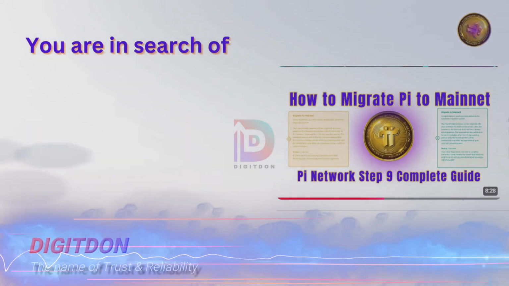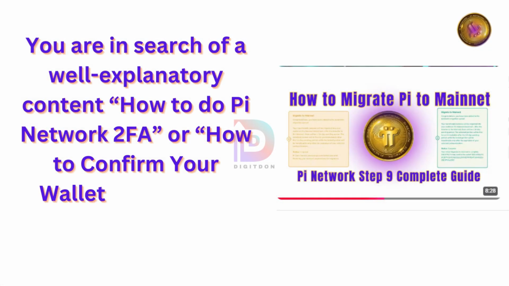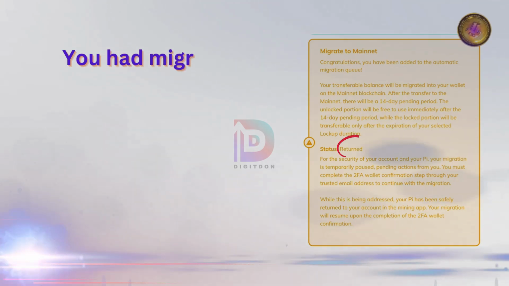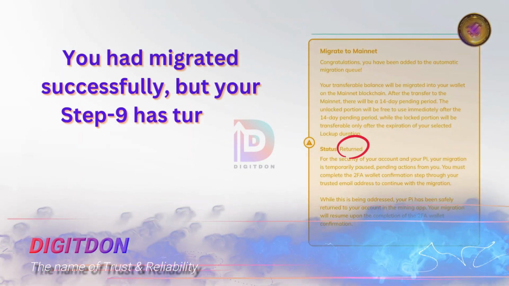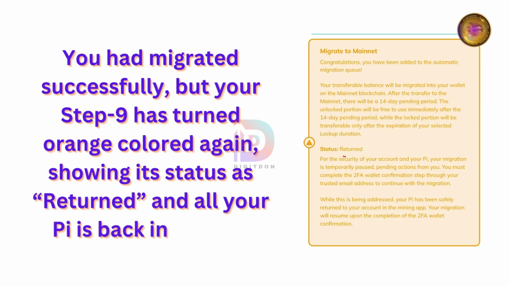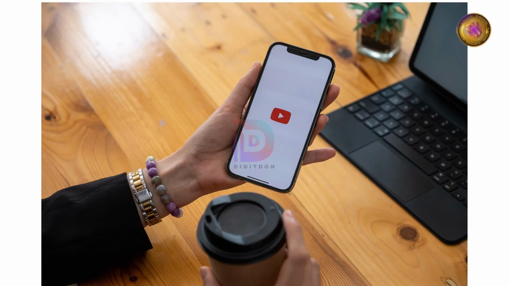You are in search of well-explained content on how to do Pi Network 2FA, how to confirm your wallet, or how to activate your wallet. You had migrated successfully, but your Step 9 has turned orange again, showing its status as returned, and all your Pi is back in the app. If you're in any of these situations, this video is for you only.